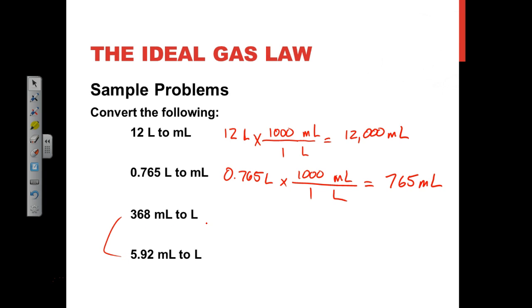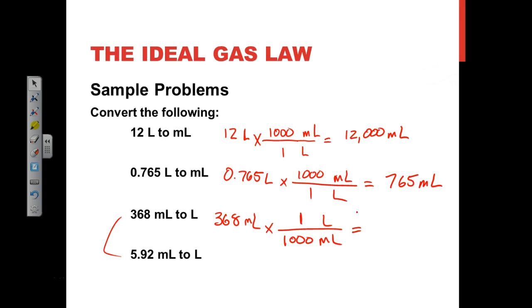Now here's the ones that apply to gas law problems, because typically if it's not already in liters, milliliters is by far the most common unit. So we're going to take 368 milliliters, and again, we're going to X line it because we're going to try to convert it. We put milliliters on the bottom and liters on the top, and every 1 liter, just like in all these other ones, equals 1,000 milliliters.